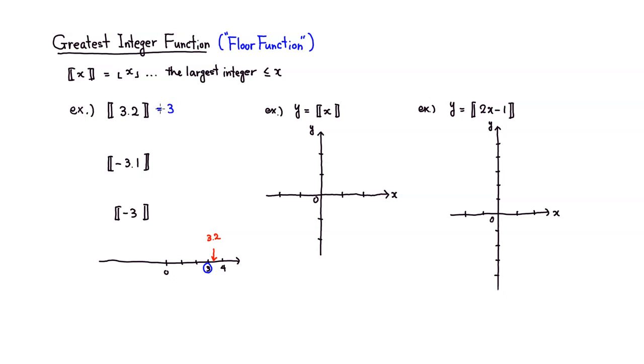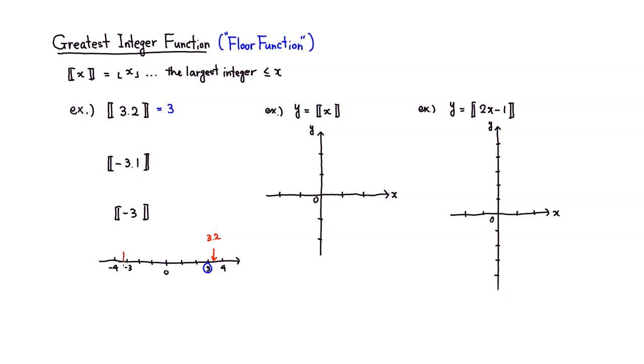All right, how about negative 3.1? Sometimes it's very tempting to say, oh, it's going to be negative 3. But if you think in terms of the number line, so you have 1, -1, -2, -3, -4. So this is -3, and this is -4 right there. If you think about negative 3.1, it's going to be a little bit smaller than -3.